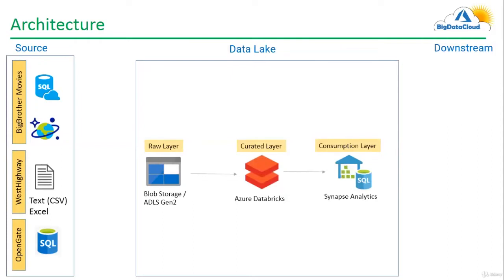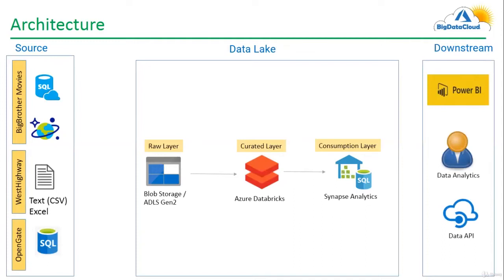Curated is Azure Databricks and consumption is Synapse Analytics. This was previously known as SQL Data Warehouse. Don't worry, we are going to look into details later on why these are proposed at this layer and what are the advantages. But let us concentrate on the design.